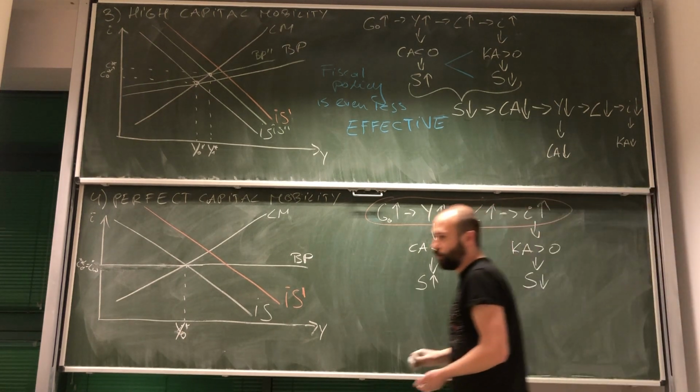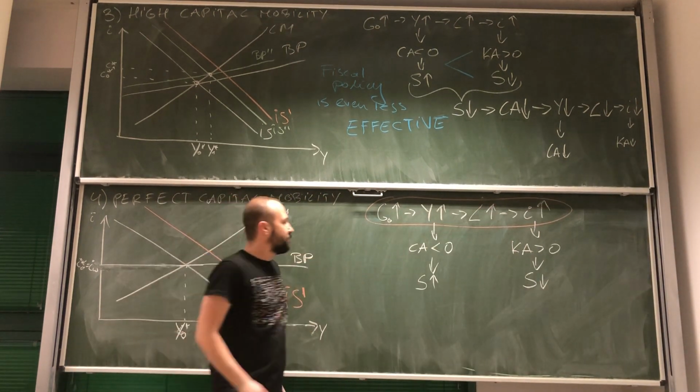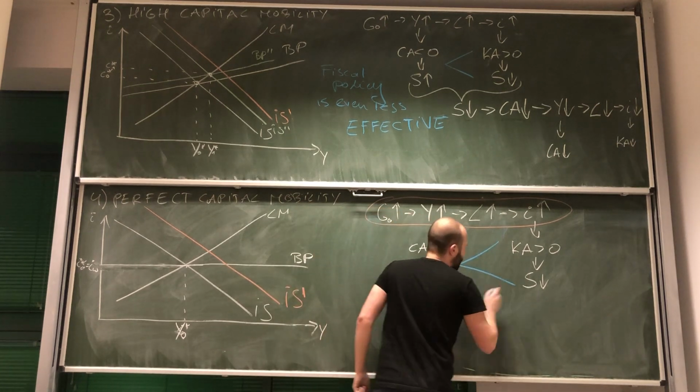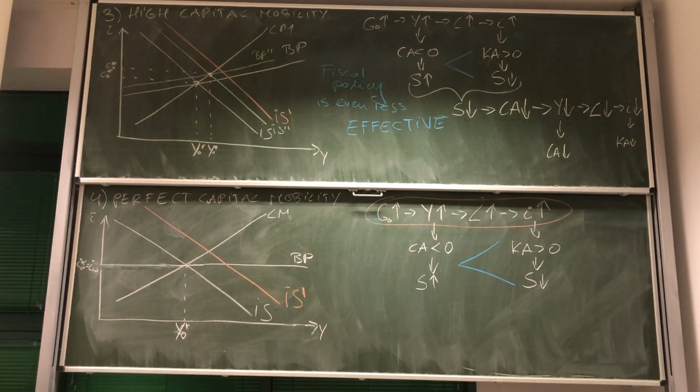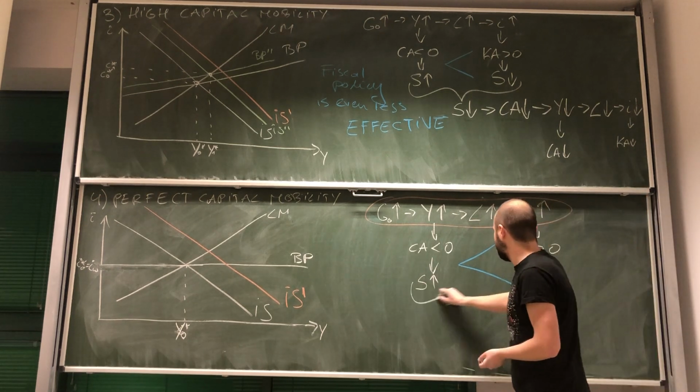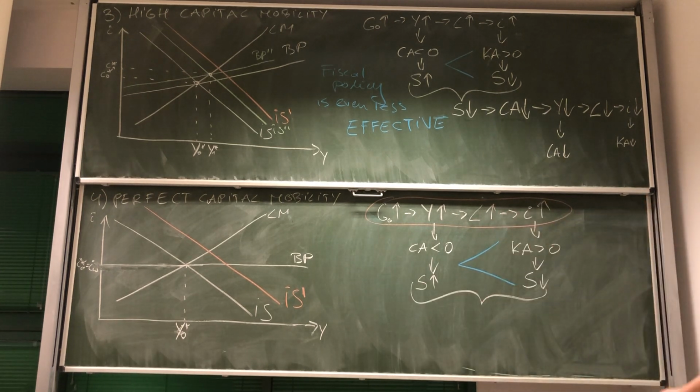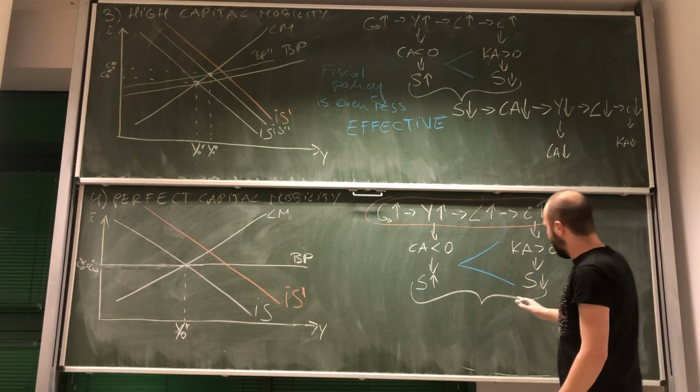Which one of the two wins? Well, of course, pressure on appreciation from a capital account. So, because here we have perfect capital mobility, capital account effect completely dominates current account effect.